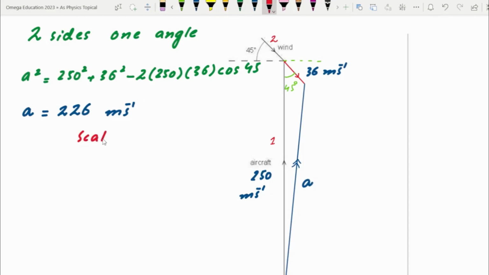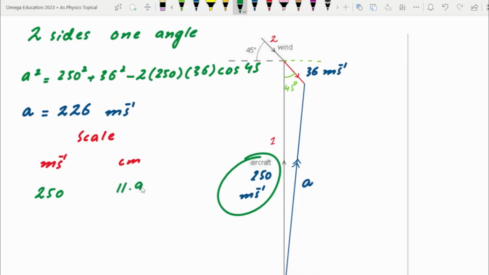It's always recommended that you write like this, scale, and you're converting the vector meter per second into a certain length. So what you do is you find out the vector 250 meter per second, this one. How many centimeters does this vector correspond to? If you use your ruler to measure the length of this vector, it would be 11.9 centimeters.